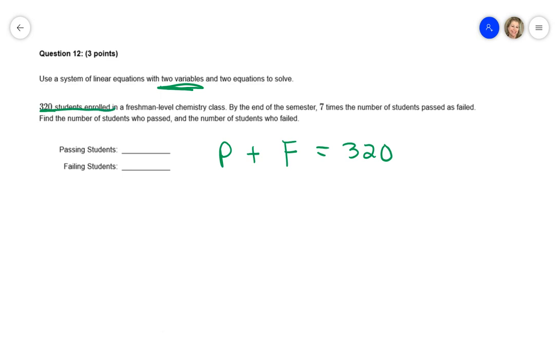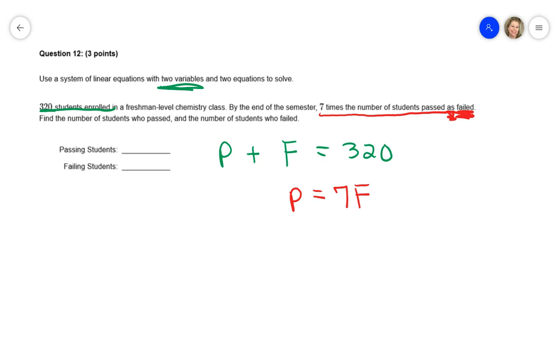Okay. Equation number 2, it says by the end of the semester, 7 times the number of students passed as failed. So the number of students that passed was 7 times the number that failed.